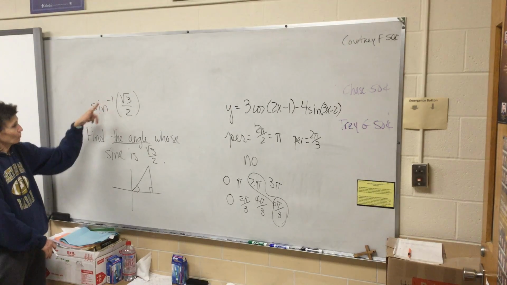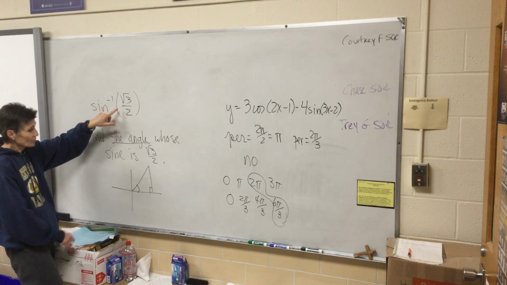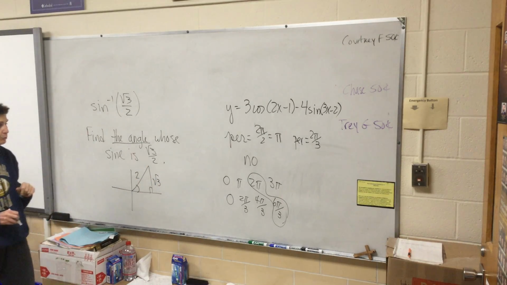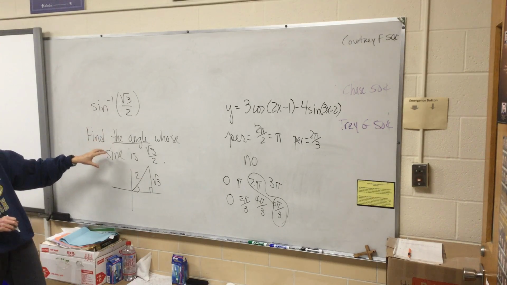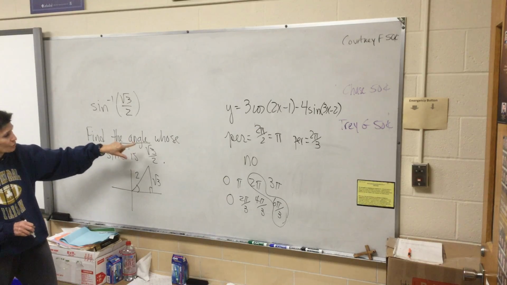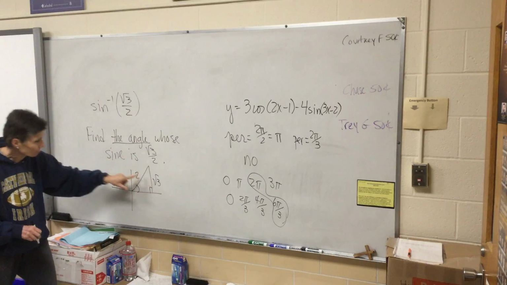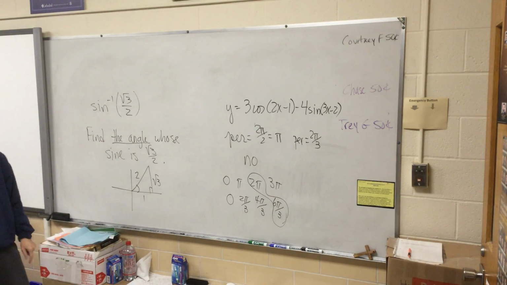This particular problem, this is the sine value. So the sine, opposite over hypotenuse, is √3/2. Again, the problem says, figure out the angle whose sine is √3/2. So opposite over hypotenuse is √3/2. Well, you should recognize that. What angle is that? 60.